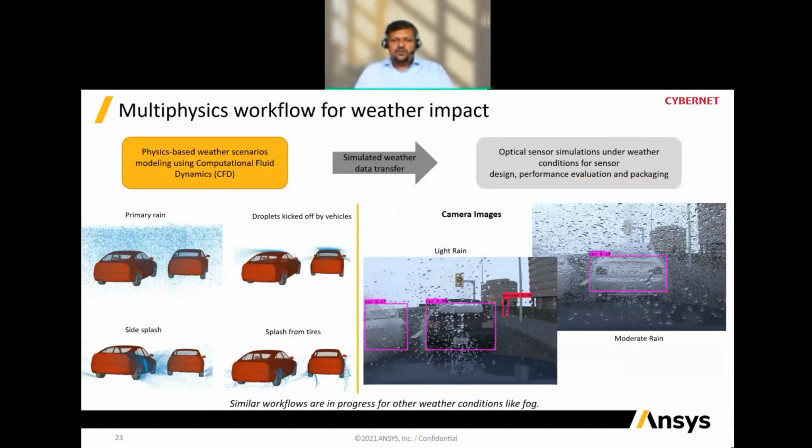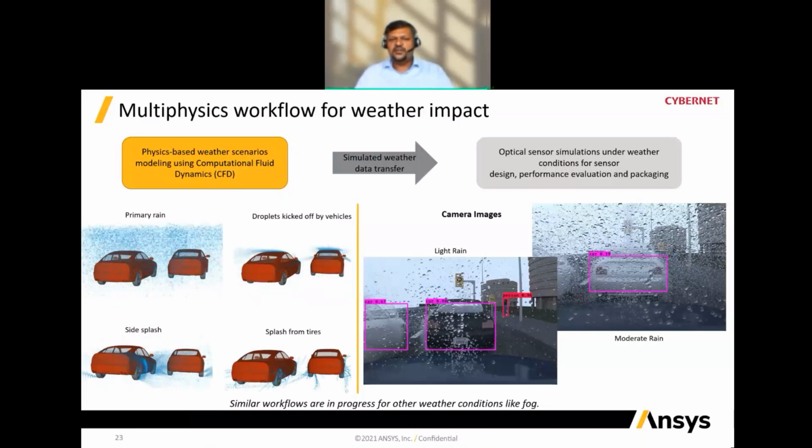So it's not only a clear sky or a fog condition, but we can also model the rain simulation. So it could be as accurate as a light rain, moderate, or a heavy rain modeling, or a splash from the vehicles surrounding, or droplets kicked off from the other vehicle.